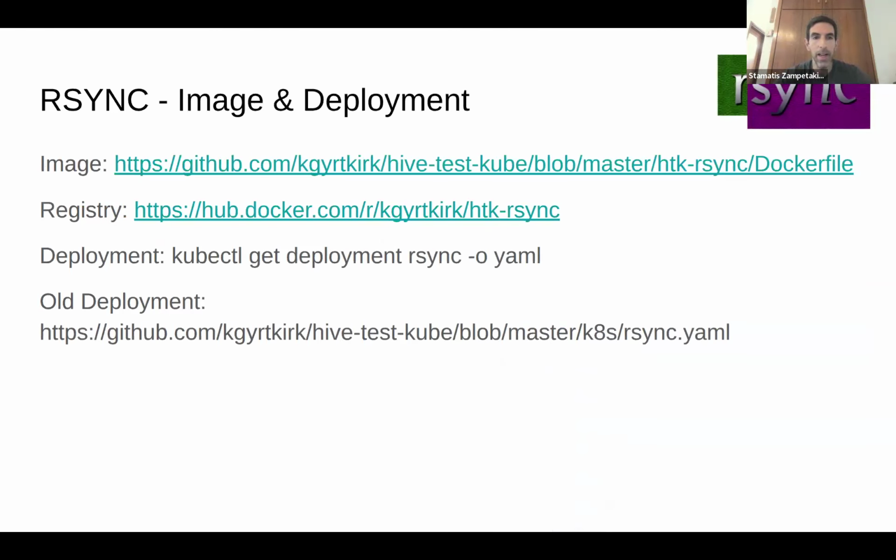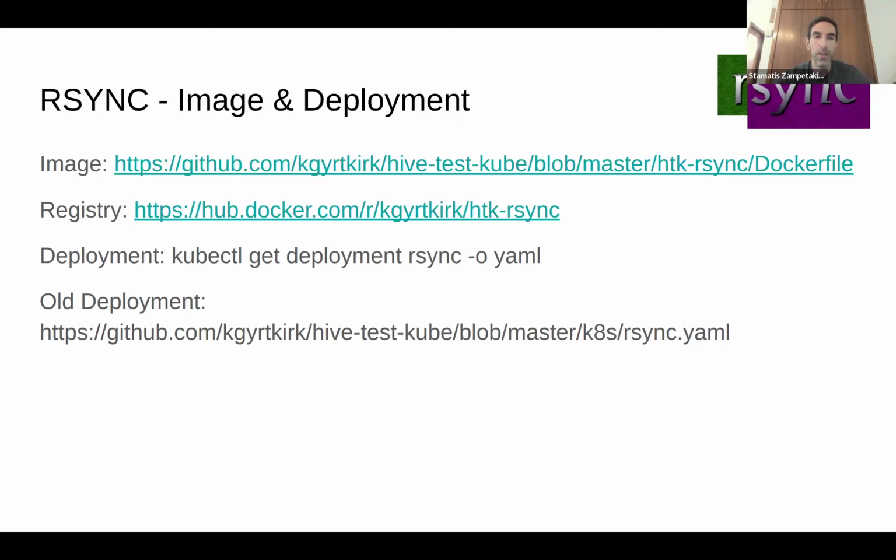So I guess it will be rather unlikely to make changes to the Docker file for Rsync. But again, the Docker file can be found. I think the latest one is on Zoltan's repo. I don't think we ever touched it. Maybe I'm wrong, but the file is there.